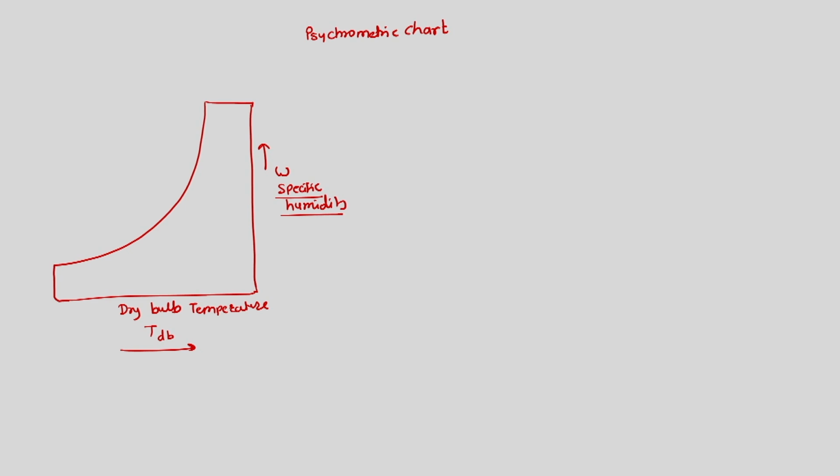The first such lines are constant phi lines, in which phi, the relative humidity, is constant. Then we can draw two more lines. One has constant T wet bulb.